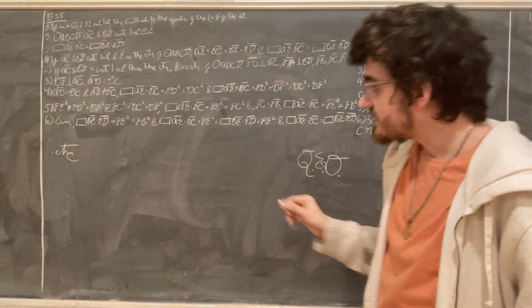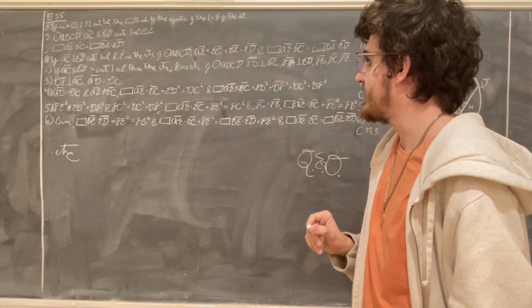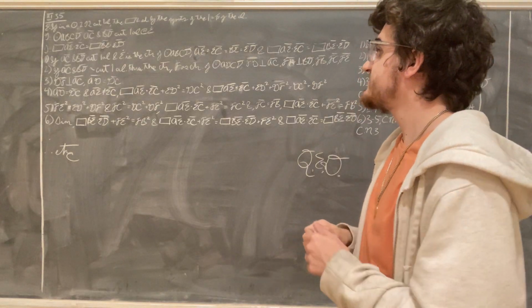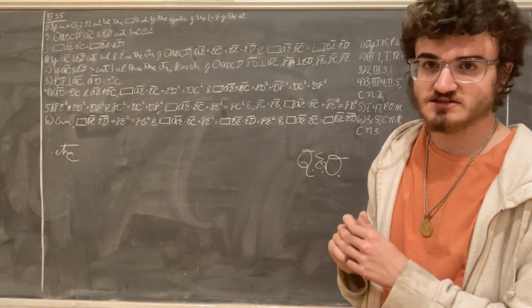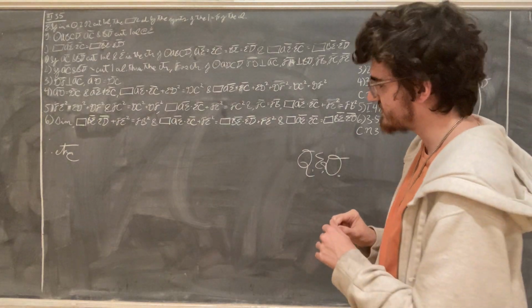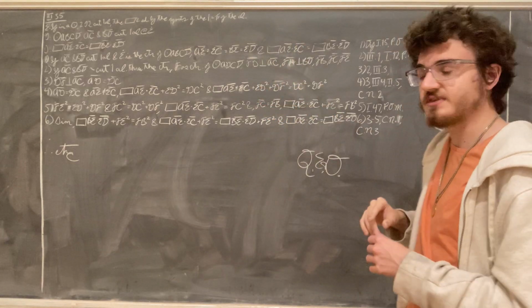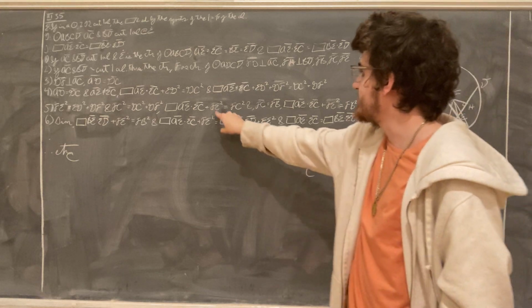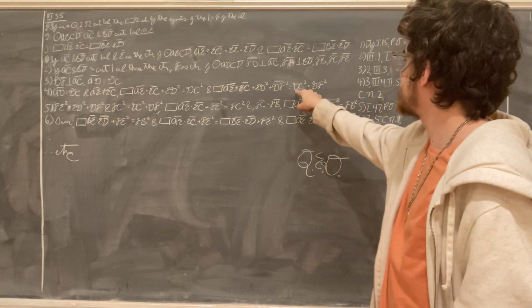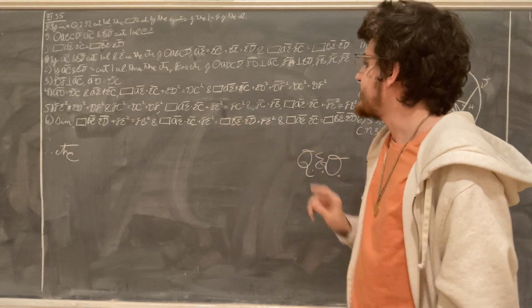And what that means for us here is that FE squared will equal EG squared plus GF squared. And similarly, FC squared will equal GC squared plus GF squared. It's all simple proposition 1.47. And so we can take this equation that we had up here and substitute some things out. We can substitute EG squared plus GF squared for simply FE squared, and we can substitute GC squared plus GF squared with FC squared.